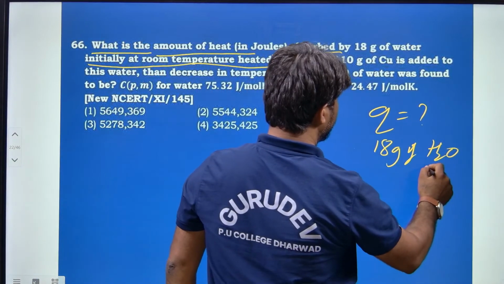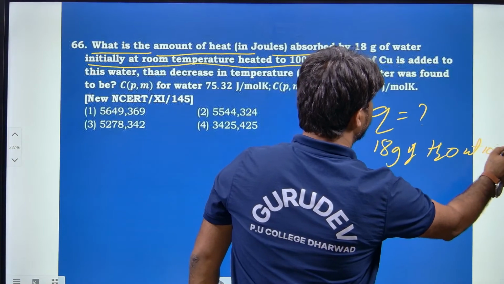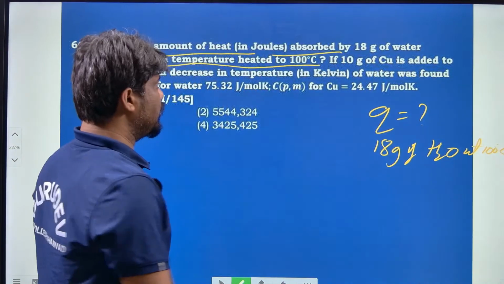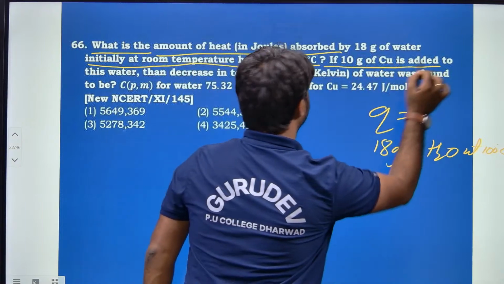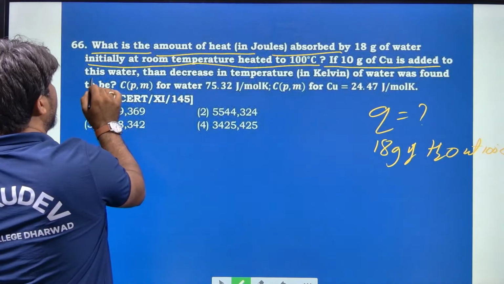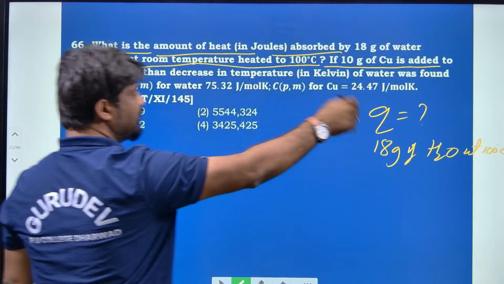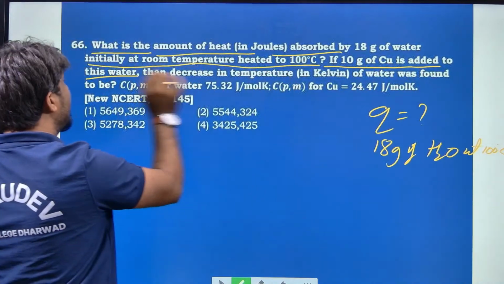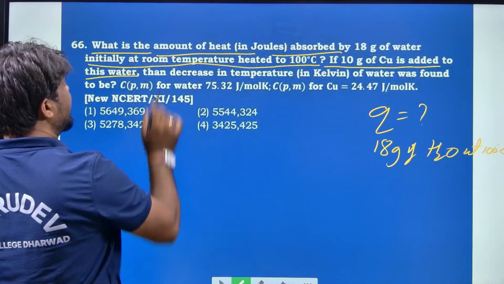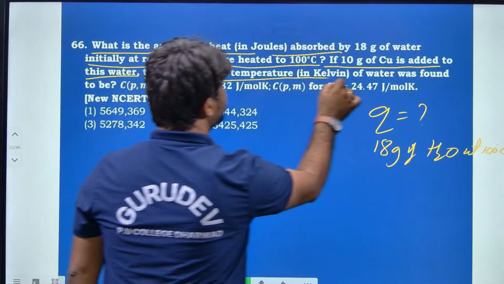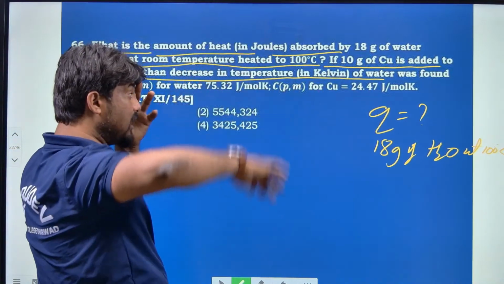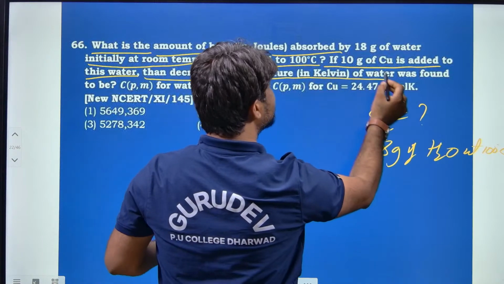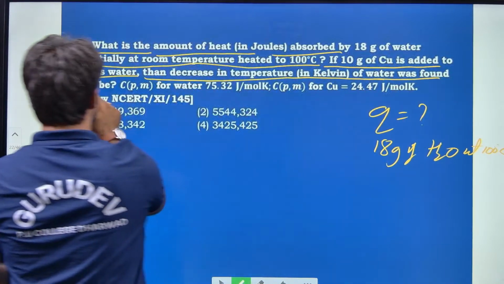Next, 10 grams of copper is added to the same 18 grams of water. The temperature goes on decreasing. The decrease in the temperature of the water was found to be how much?